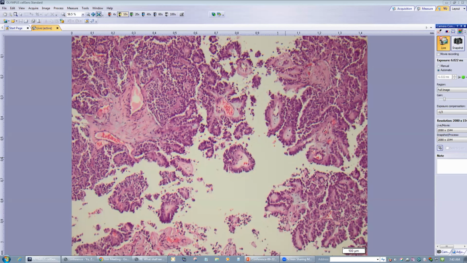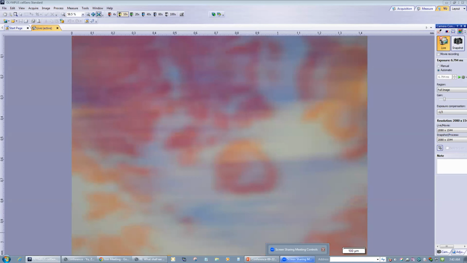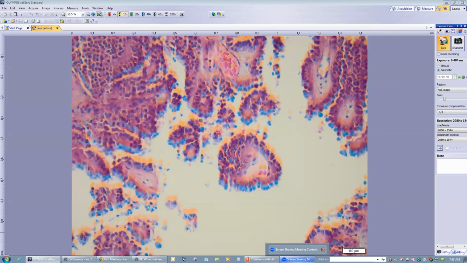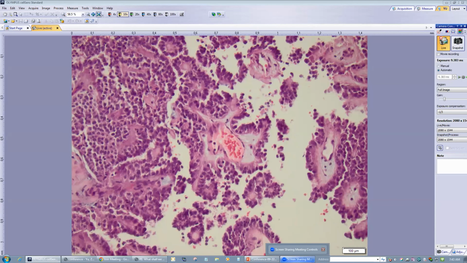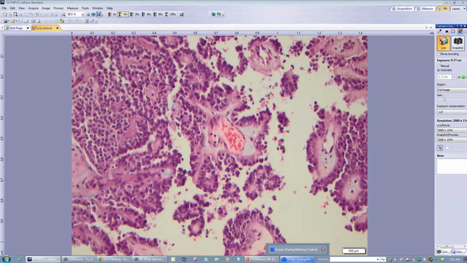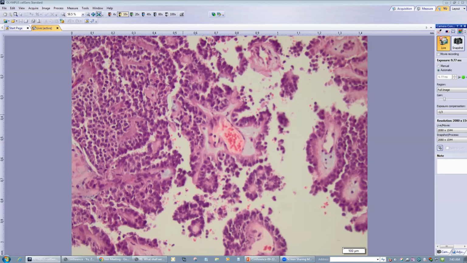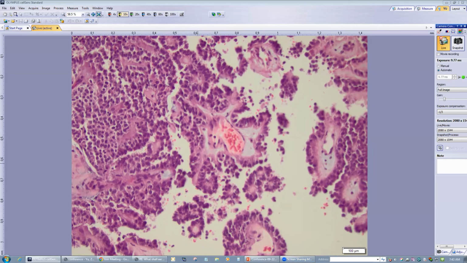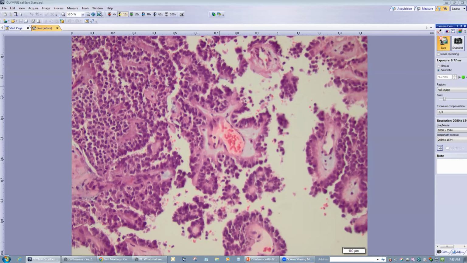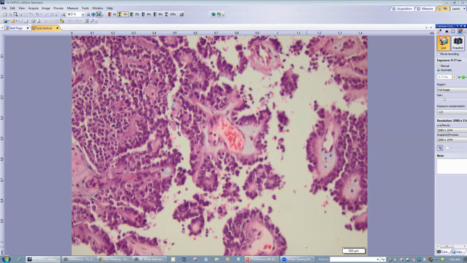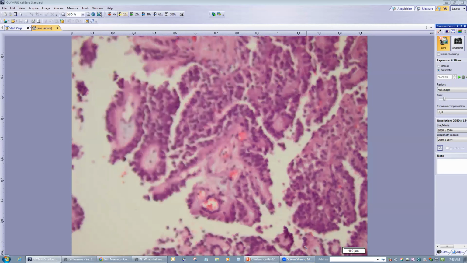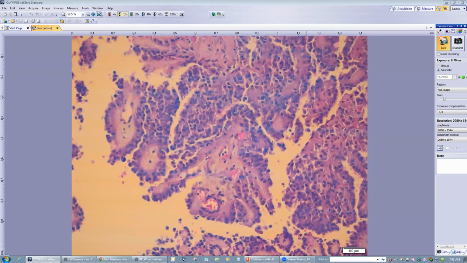Here it looks like a papillary structure, but it is a pseudopapillary pattern. I think the papillary pattern is generated by the discohesion of the cells. This group is separated because of discohesion and forms this pseudopapillary pattern. The cells are not very pleomorphic.